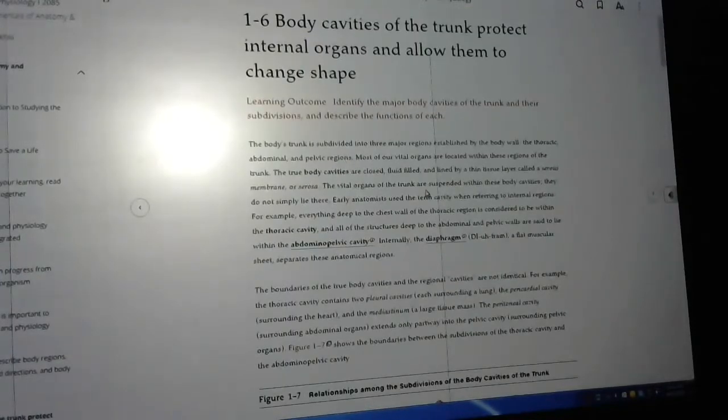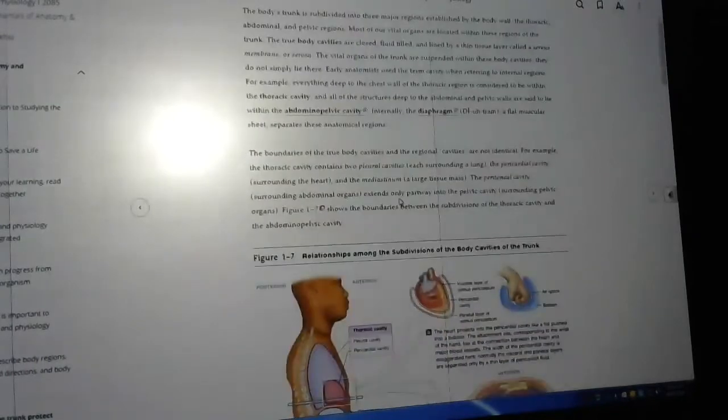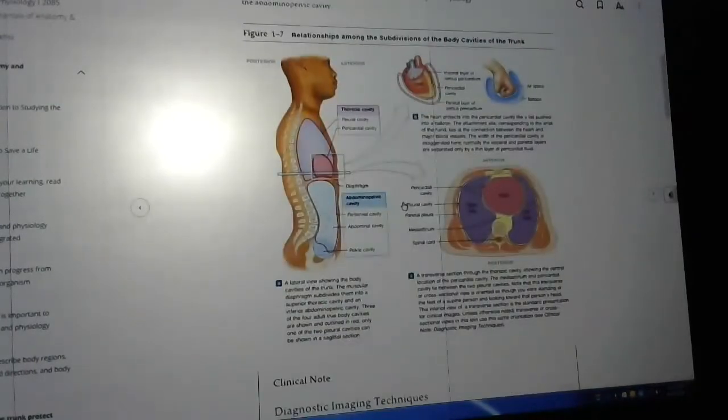All right, body cavities of the trunk protect internal organs and allow them to change shape and move. Of course, everybody understands that our internal organs are not static. In other words, they are always moving, contracting. The heart is a muscle, it's moving, right? The digestive system is continually moving.